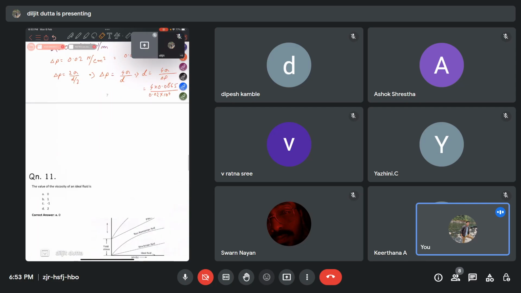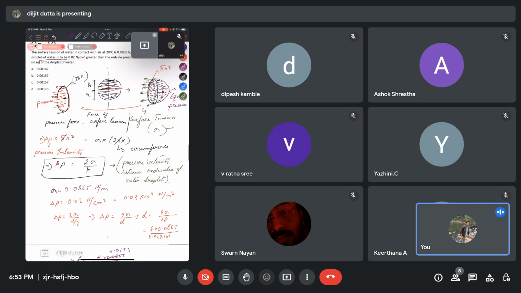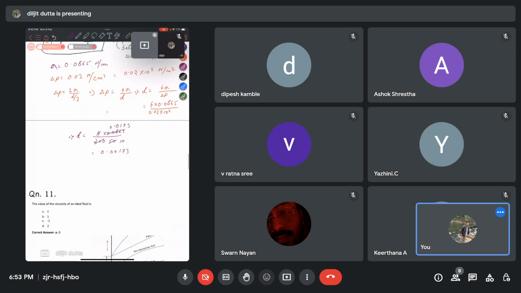So now 4 by 200 into 0.0865. So the correct option is D. Diameter is 0.0173 meters.